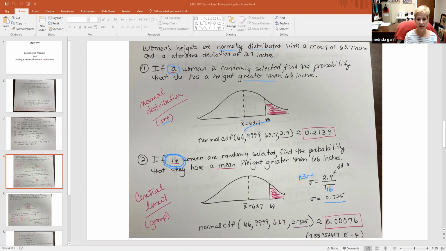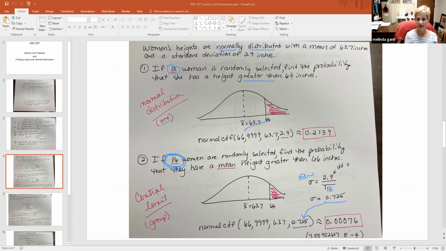Here's the only difference. My standard deviation is not 2.9. My standard deviation is this new standard deviation, 0.725. And when I did that, my probability changed dramatically, 0.00076.